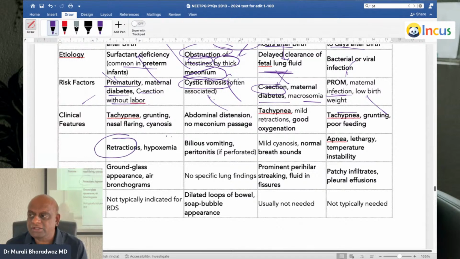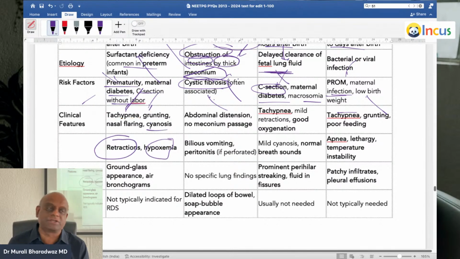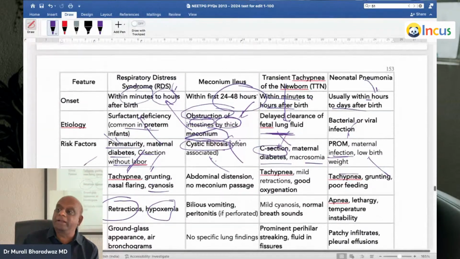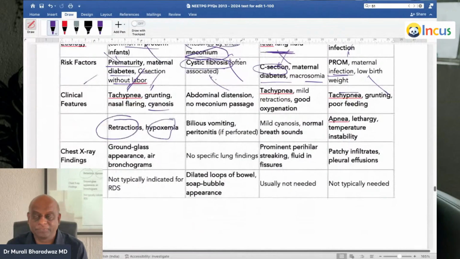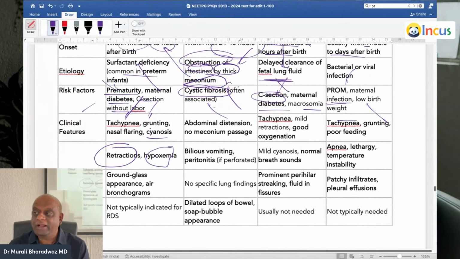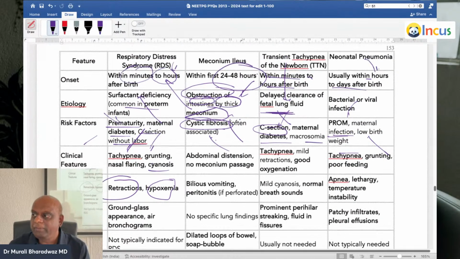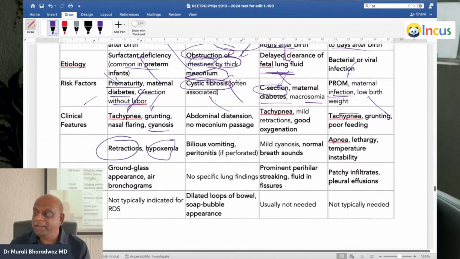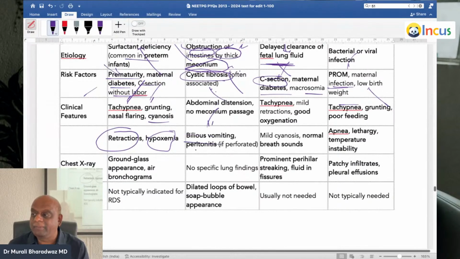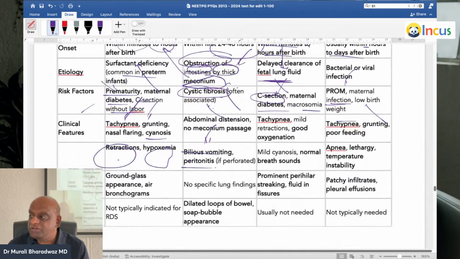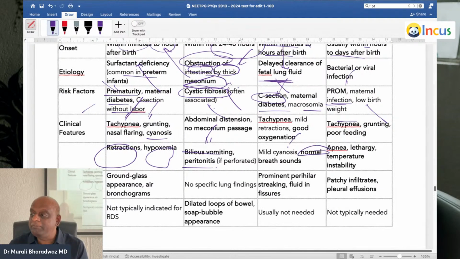There will be retractions, hypoxemia, tachypnea, grunting, nasal flaring, and cyanosis in the clinical presentation of respiratory distress. Whereas abdominal distension will be there if it is meconium ileus, and they will also have bilious vomiting and peritonitis. Then coming to transient tachypnea, they will have normal breath sounds, only mild cyanosis.